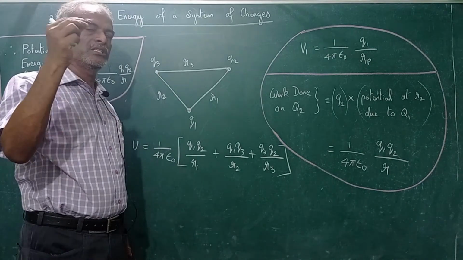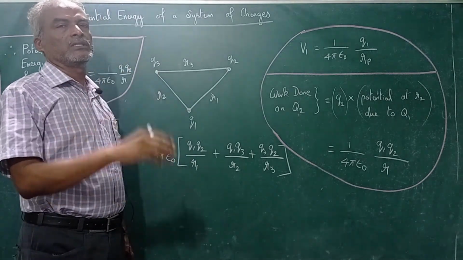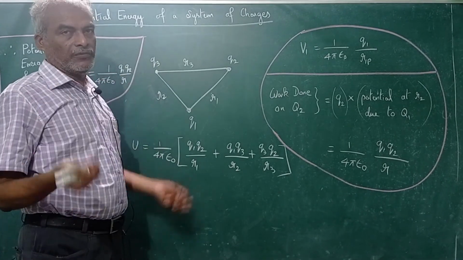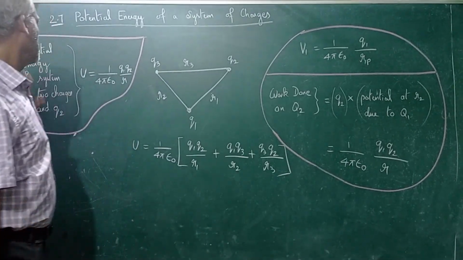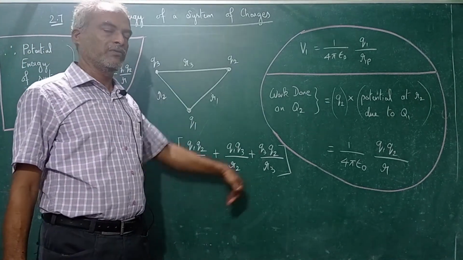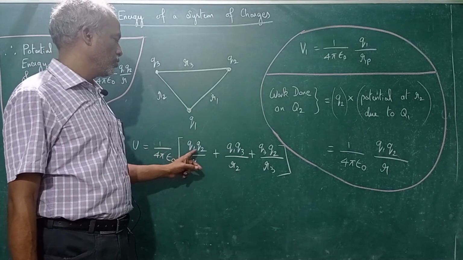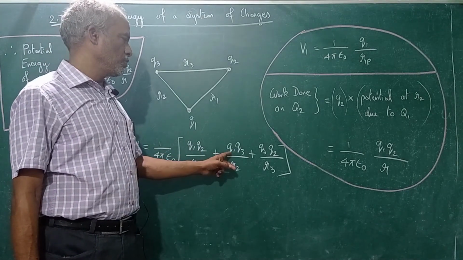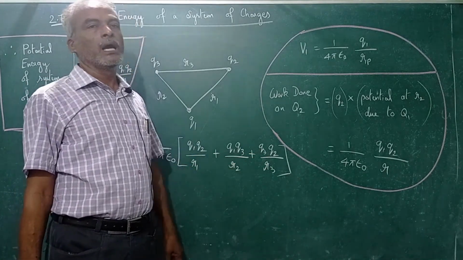But any other charges we try to add upon on the space, then it will see repulsive or attractive force. That depends. So in conclusion, potential energy of system of multiple charges, here we have considered only 3, but we can have n number of charges, is U is equal to 1 by 4 pi epsilon naught Q1 Q2 by R1 plus Q1 Q3 by R2 plus Q2 Q3 divided by R3.